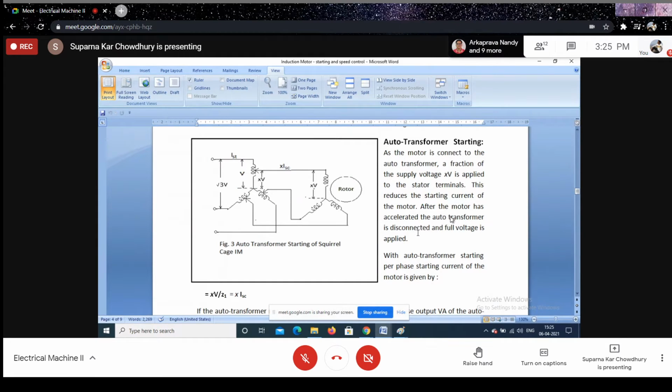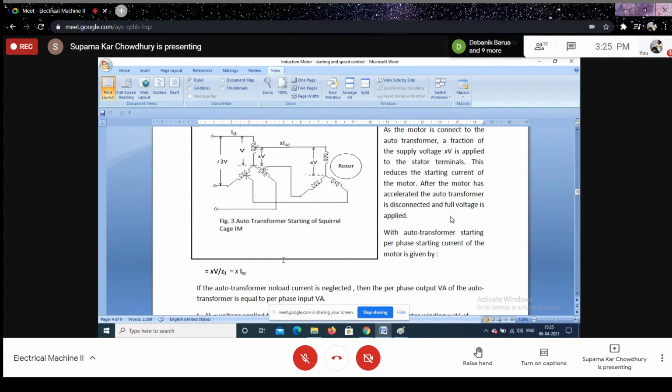So per phase starting current for the motor will be the motor current flowing here, which is XV, the applied voltage, divided by the standstill impedance Z1. So this will again be X I short circuit, where V by Z1 is the I short circuit.